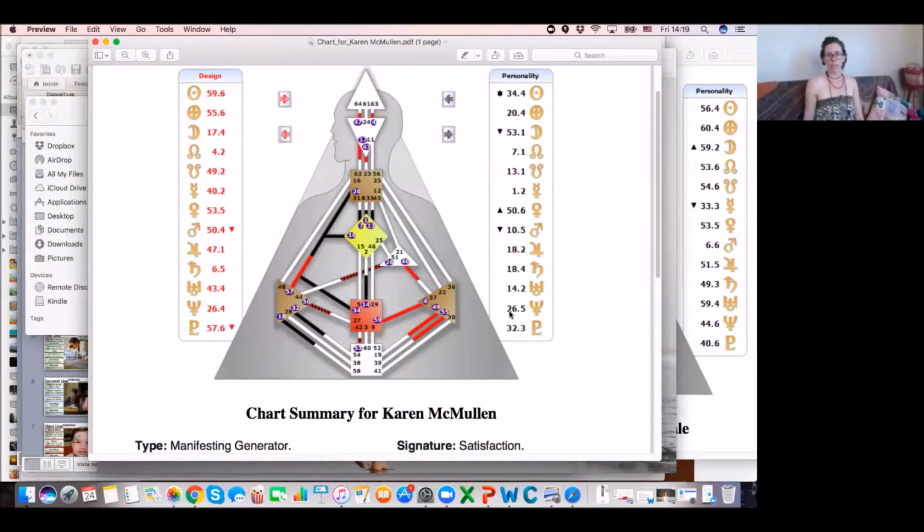So like this gate here, the 26.5, the gate 26 is the gate of the egotist. This is a person who is really good at sales, at expressing ideas in a way that can enroll people in wanting to buy into them.